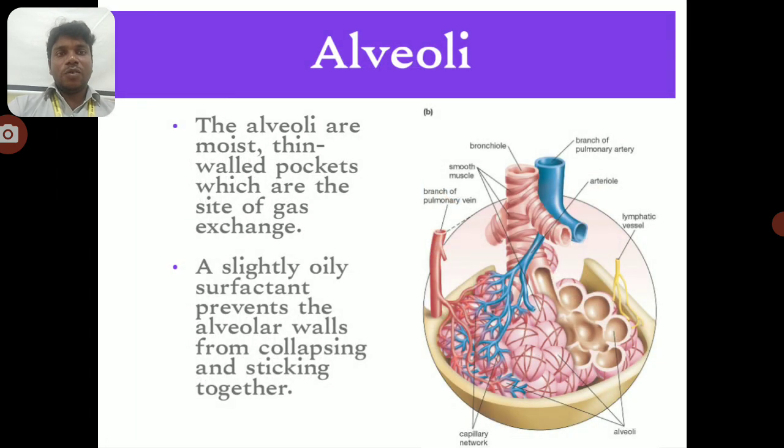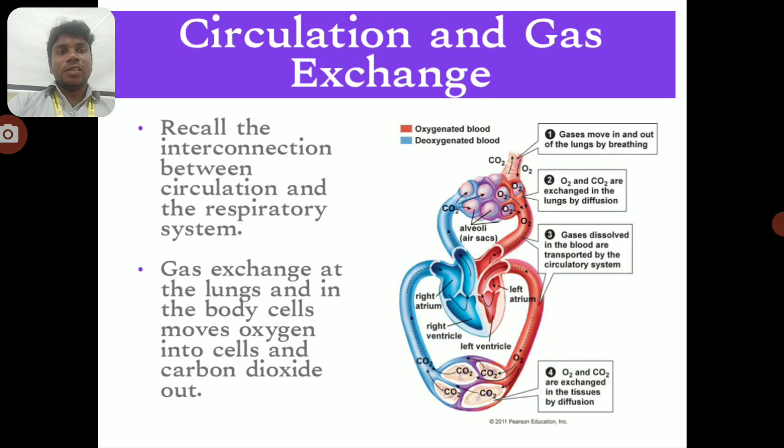Alveoli are moist, thin-walled pockets which are the site of gas exchange. A slightly oily surfactant prevents the alveolar walls from collapsing and sticking together. Recall the interconnection between circulation and the respiratory system. Gas exchange at the lungs and in the body cells moves oxygen into cells and carbon dioxide out.